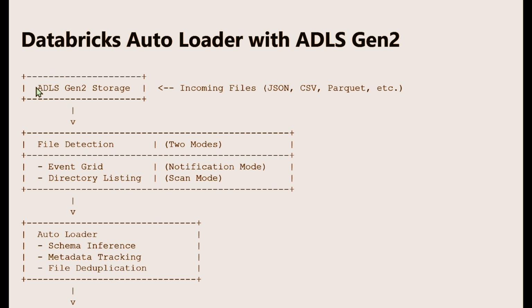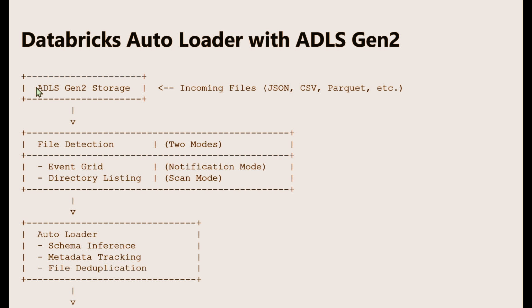But I'm just using ADLS storage here, and feel free to follow if you are using Amazon S3 as well. How do we get data into ADLS Gen 2? First of all, we use replication tools such as Azure Data Factory, Click Replicate, or any other replication tools you may be aware of.